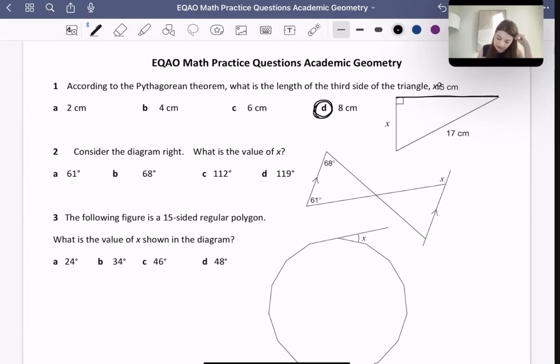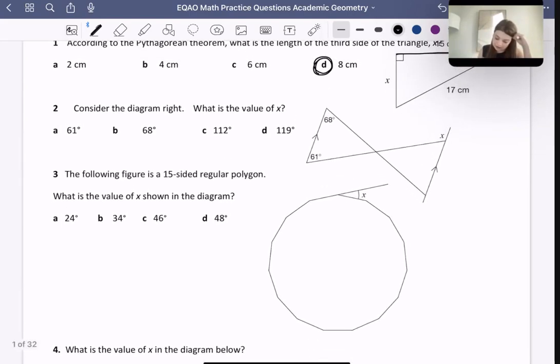The diagram to the right. What is the x value? Okay, so that's a good question. What is the x value? Well, what do we know? We know that the three angles here must add up to 180, right?